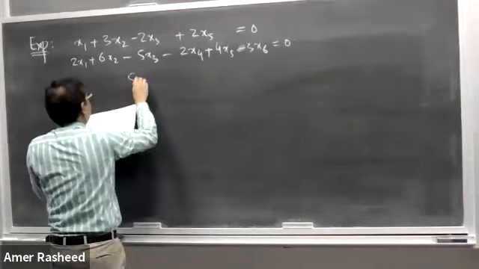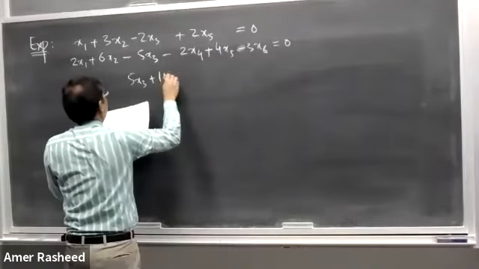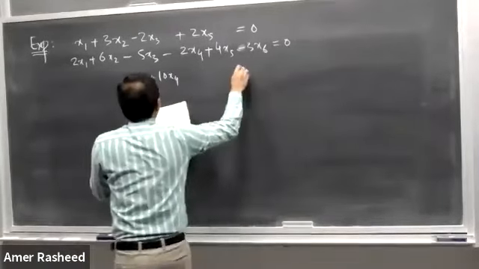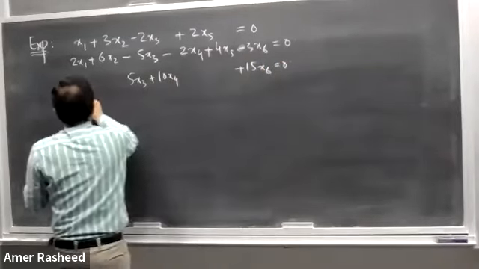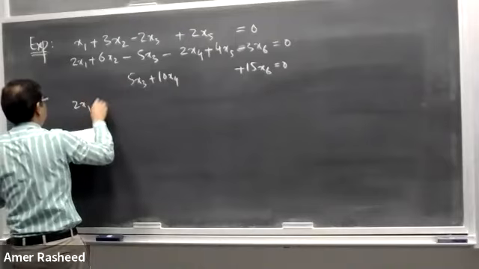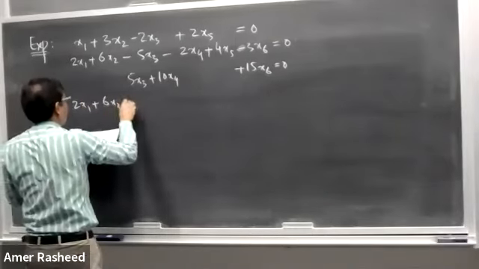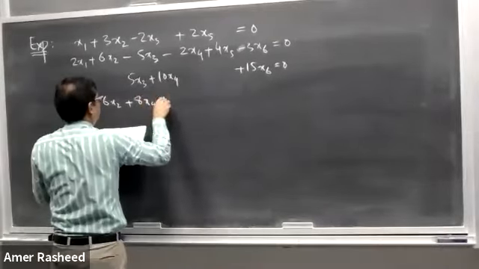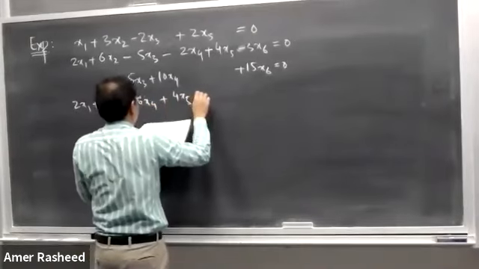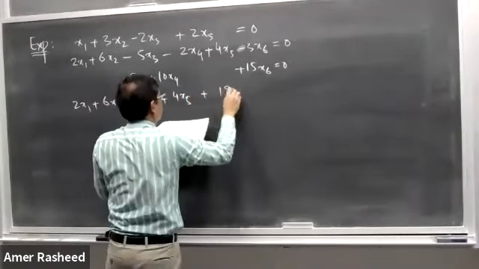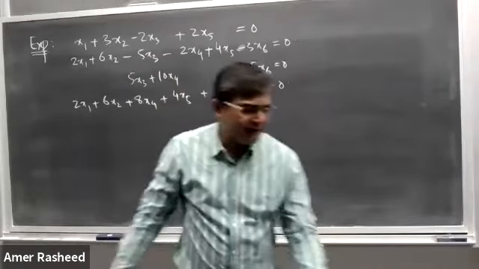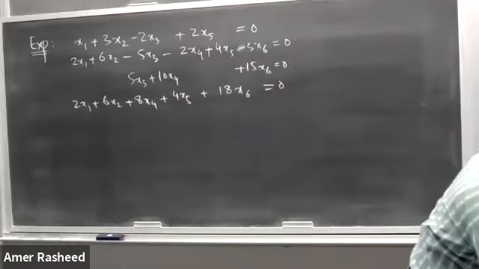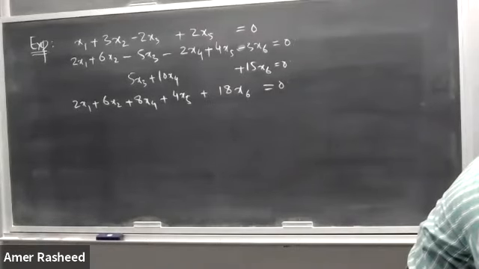Another is 5x3 plus 10x4 plus 15x6 is equal to 0. And then 2x1 plus 6x2 plus 8x4 plus 4x5 and then plus 18x6. So this is our homogeneous linear system which is given, and we need to solve it.